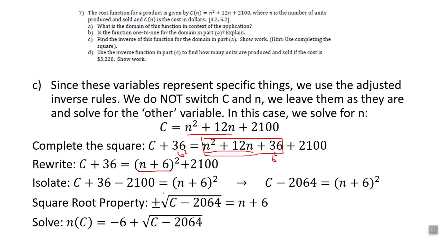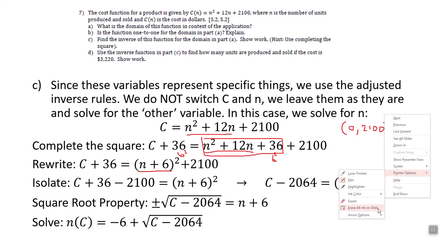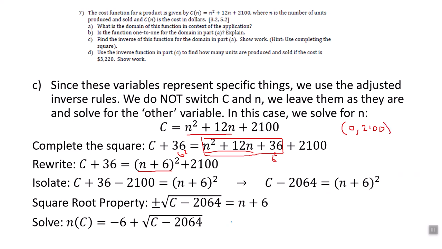In order to choose which one, what I did is I said, okay, a point on the original graph: when n is 0, c had to be 2100. Which means on the other graph, let's make that in blue, I had to have the point 2100, comma 0, because all an inverse does is switch inputs and outputs.